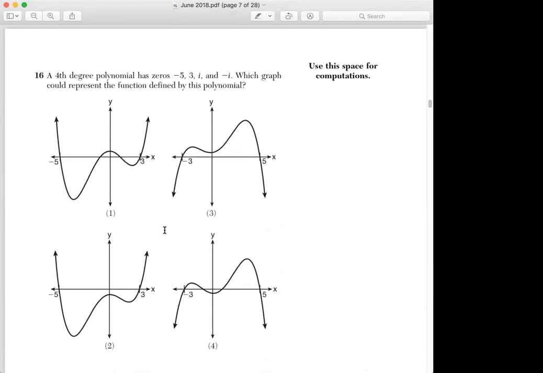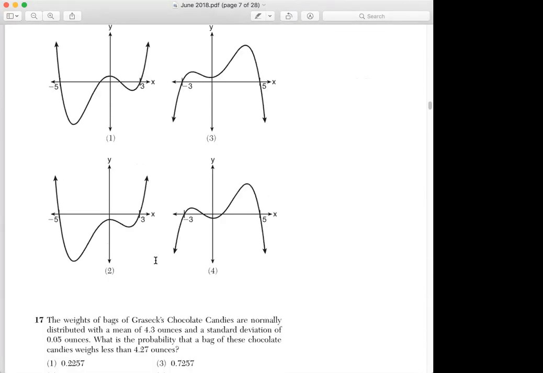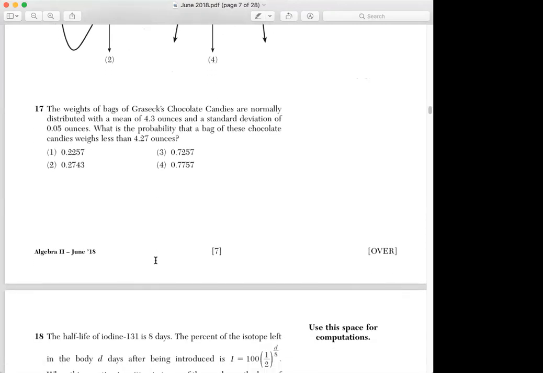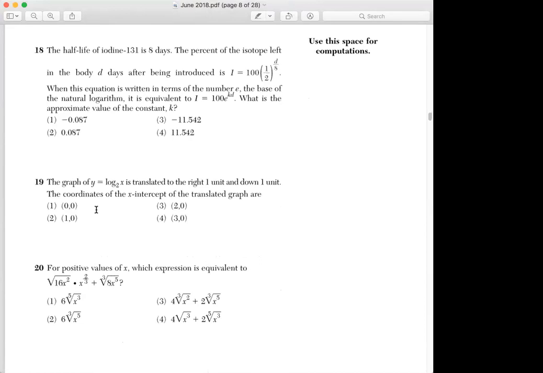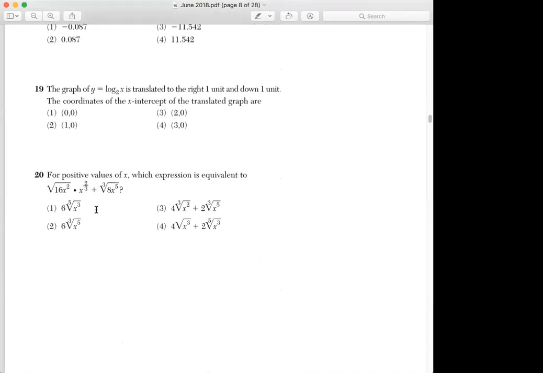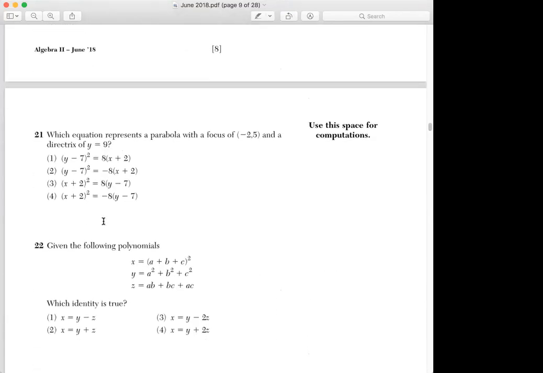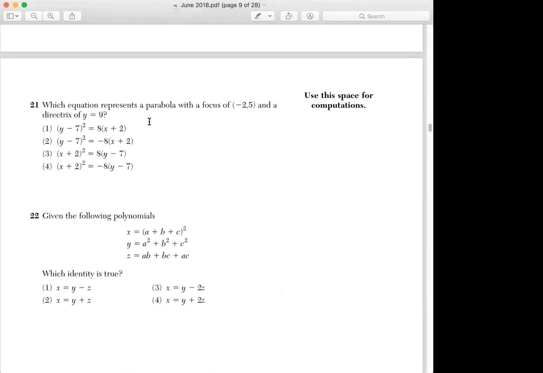Yep. 17, no. 18, no. 19, no. 20, definitely. 21, definitely focus directrix. 22, you could figure it out.